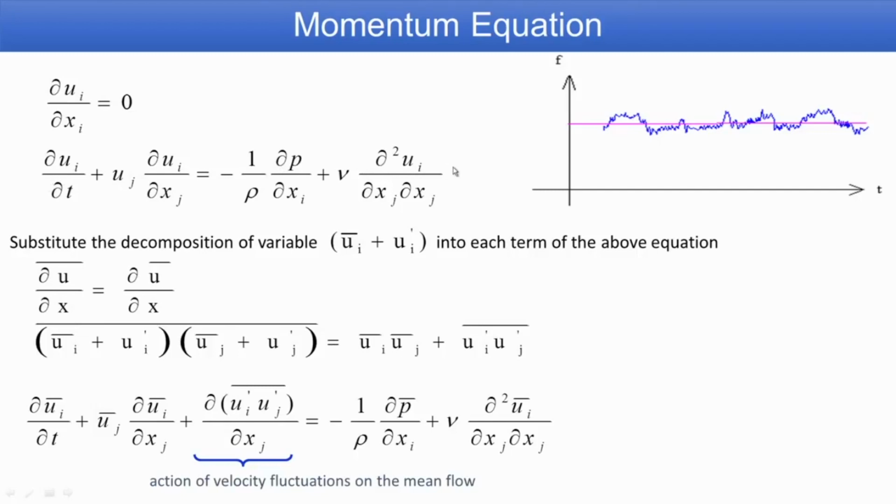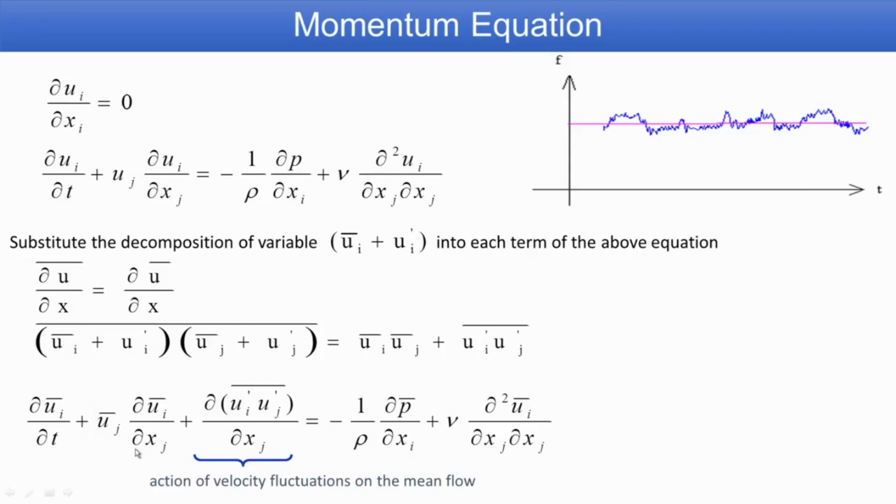The original Navier-Stokes equation, as I mentioned, depends on how you are interpreting it for a turbulent flow. For turbulent flow, all these quantities are interpreted as instantaneous. The second term in the Navier-Stokes equation is uj ∂ui/∂xj.